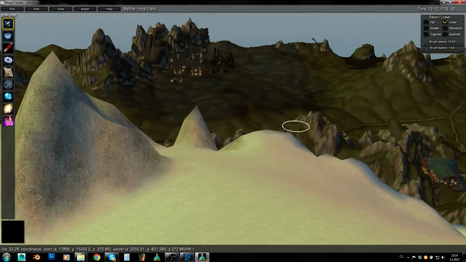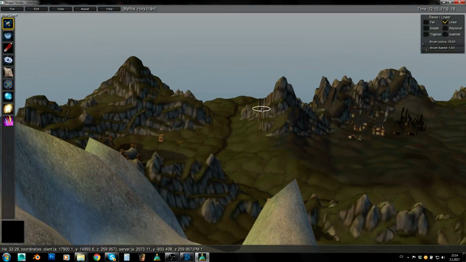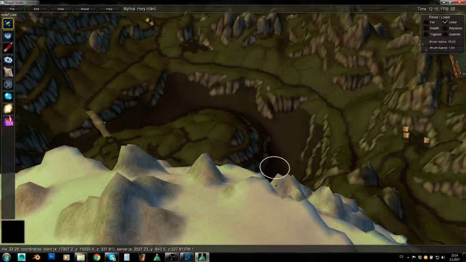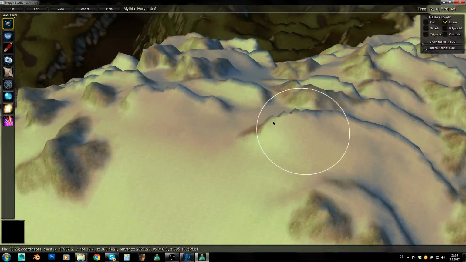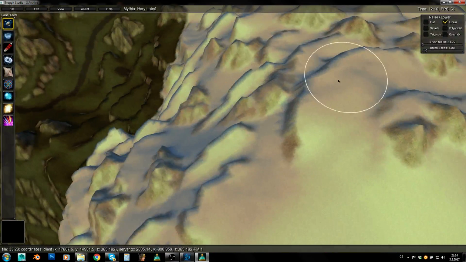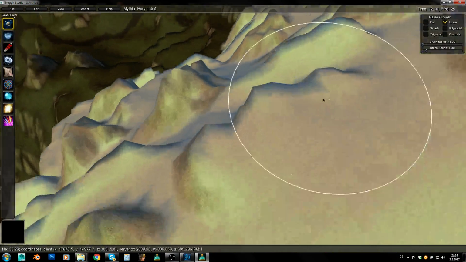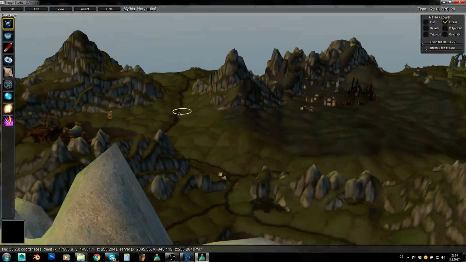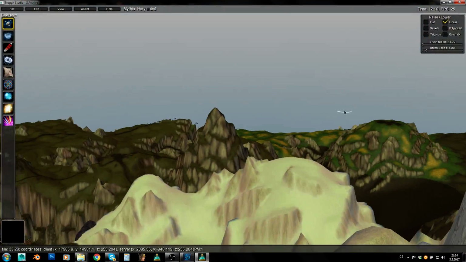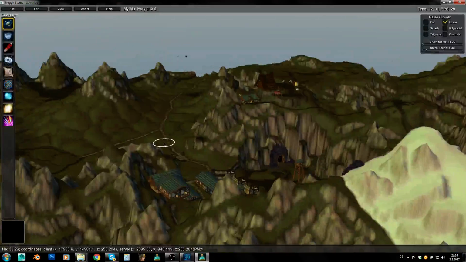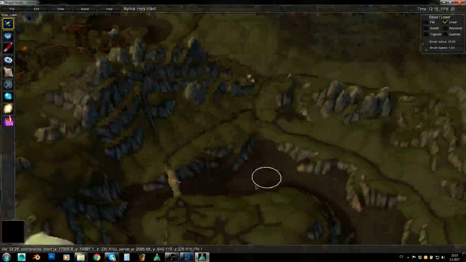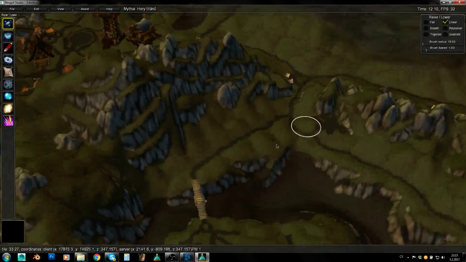So the highest mountain in the whole map is accessible. You can get to its peak, you can get to this cliff. These two cliffs are actually here just for players to be able to sit on them and look around. Try to do something like this on your maps, to make such points of interest as well.